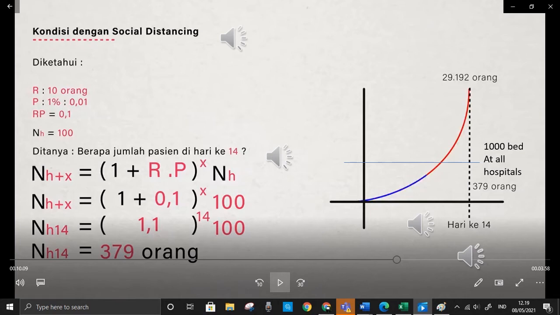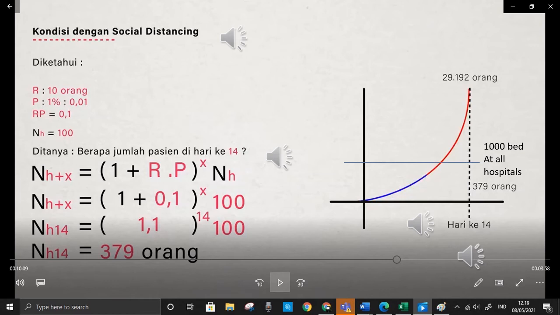We have that the number of patients at the 14th day is only 3,079 people.